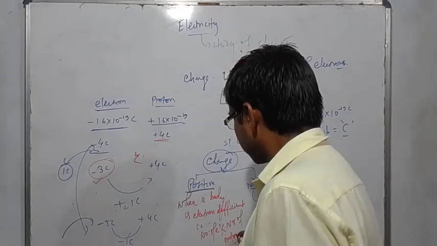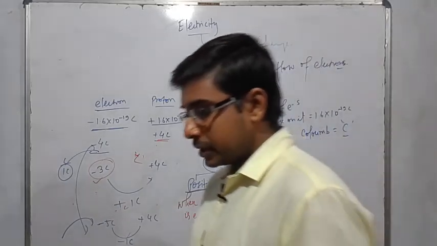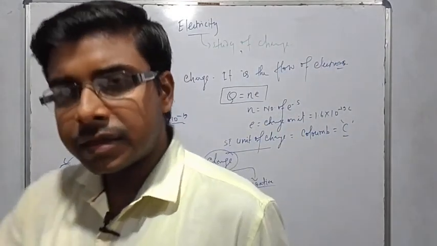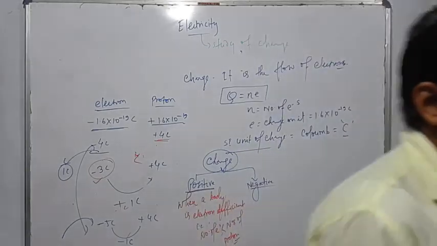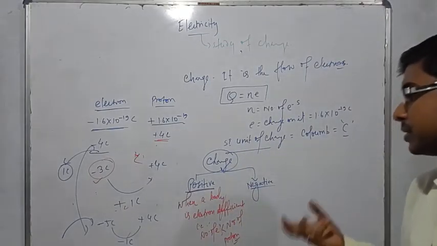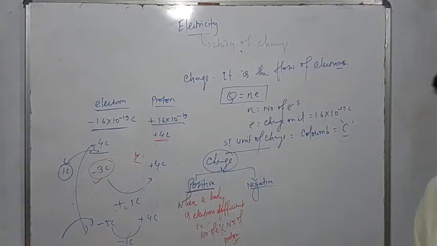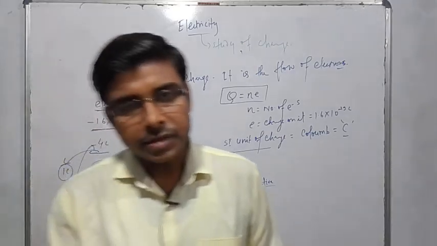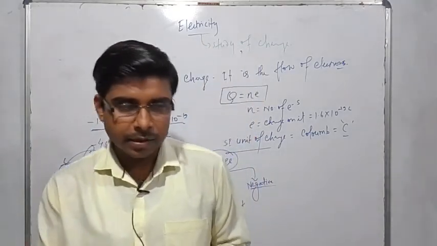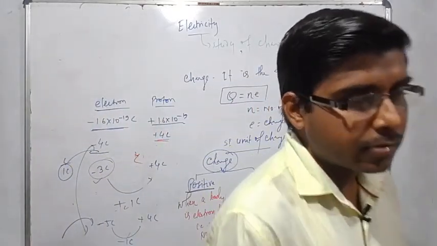When a body liberates electrons, meaning it donates electrons, that body is said to be positively charged. Okay, in general terms you can say if you want to donate something, you must have more than what you need, then you can donate.